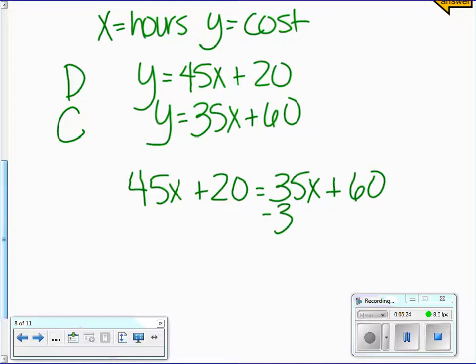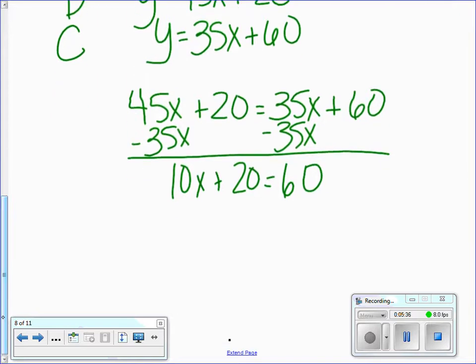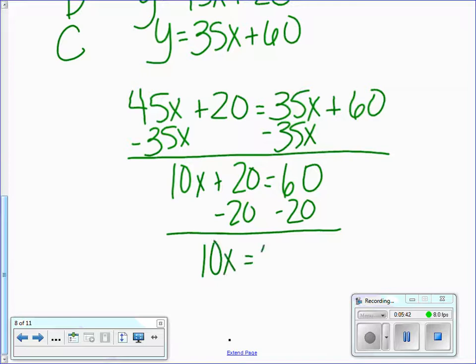Subtract 35x from both sides, which gets us 10x plus 20 equals 60. Subtract 20 from both sides. 10x equals 40, so x is equal to 4. So at 4 hours, I plug it back in.